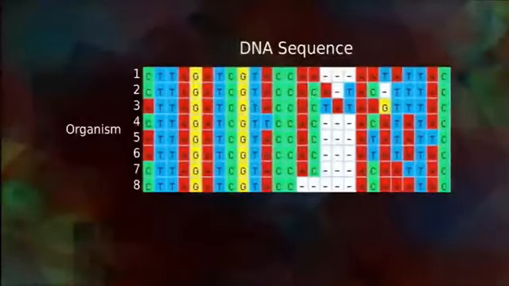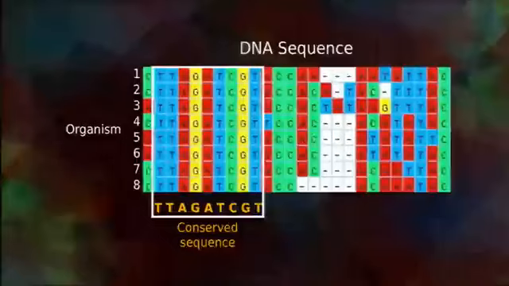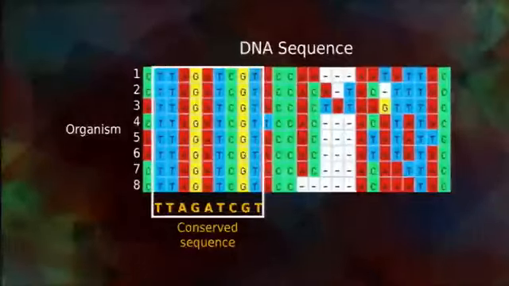What is a conserved sequence? Here are DNA sequences, just a small portion, of 8 different organisms. Some of those sequences, as you can see in the box, are identical. Doesn't matter which organism you look at, the DNA is the same. That results in what we call a conserved sequence. It's the same, or very similar, in every organism that we look at.